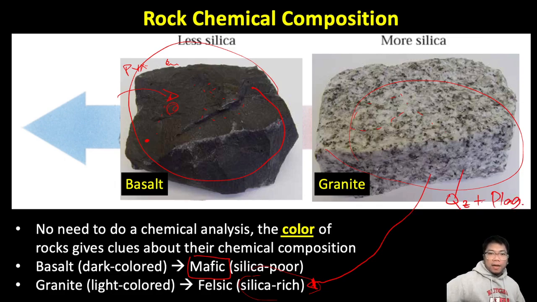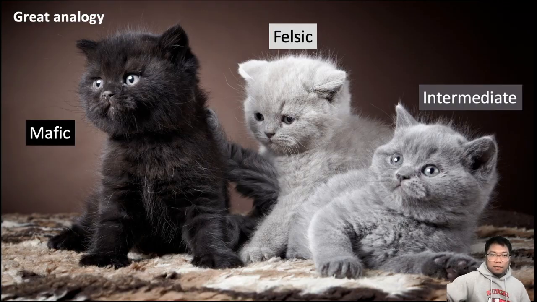So that's the rock chemical composition, and just remember this great analogy: mafic is the darkest rock, or the darkest cat here, the intermediate would be a bit grayish, and felsic would have the lightest color.